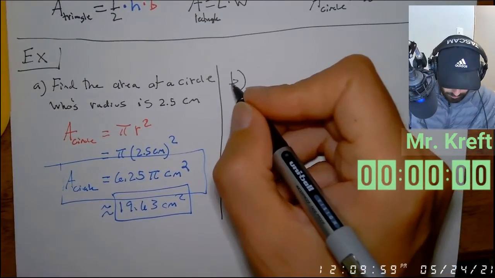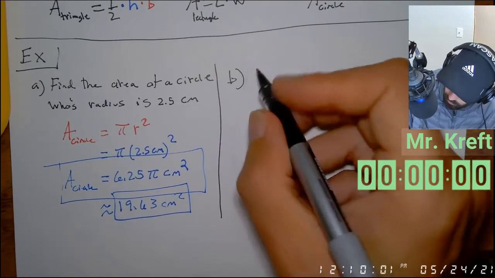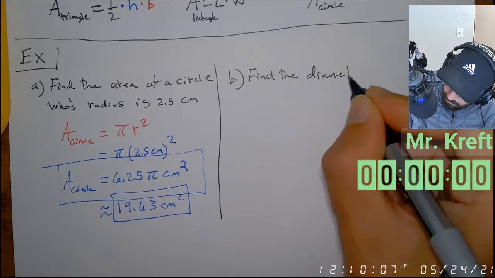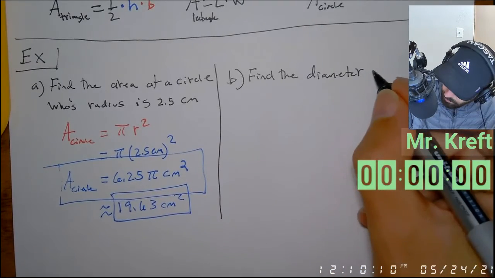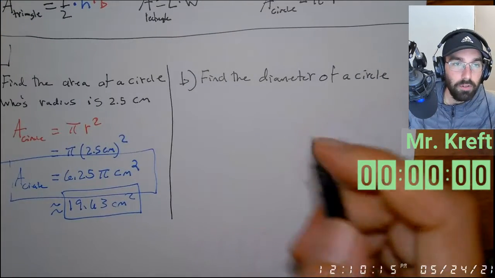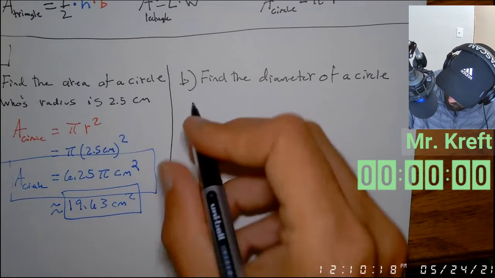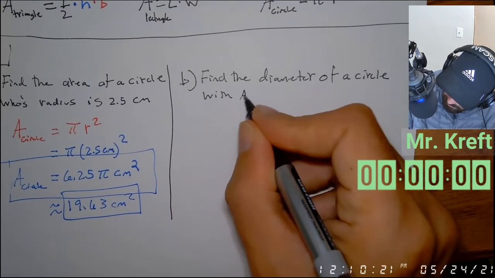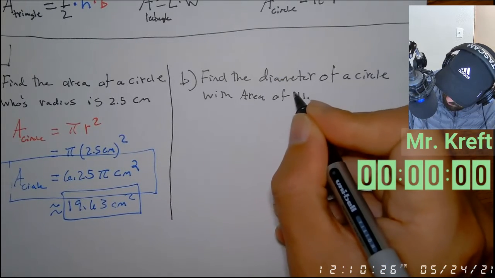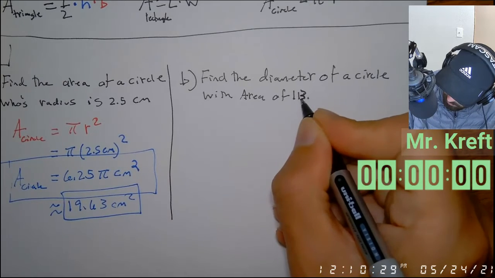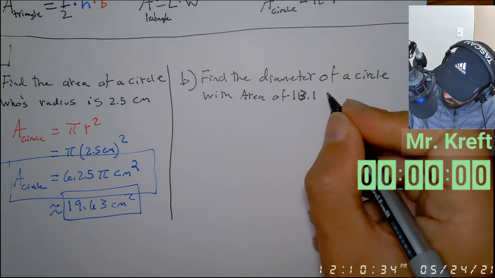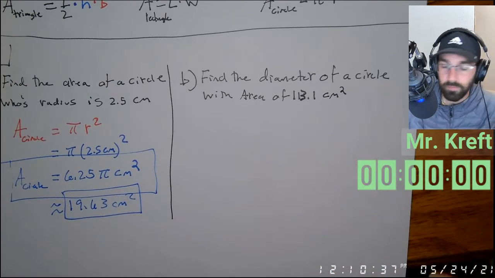This next one is going to be a little bit more interesting. We're going to find the diameter of a circle with area 113.1 centimeters squared.